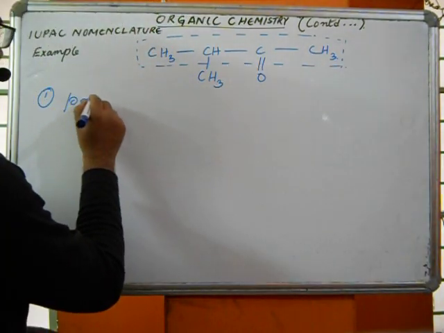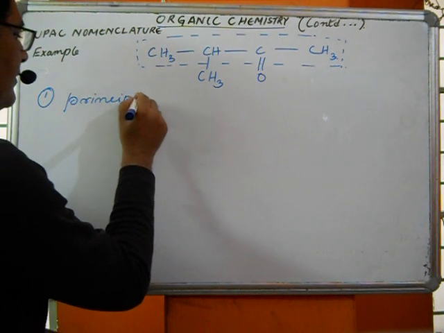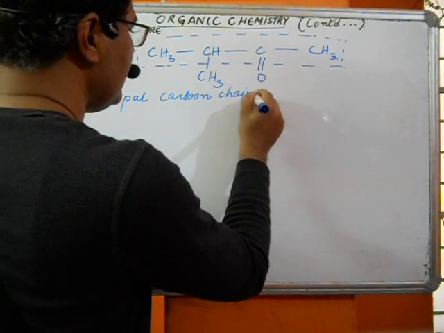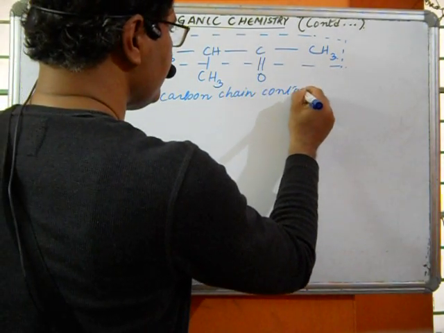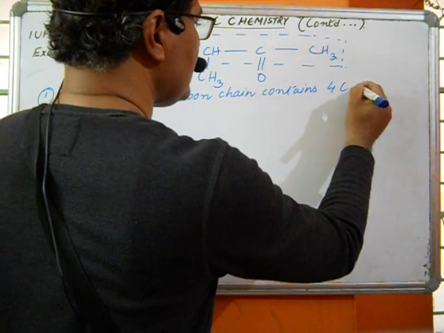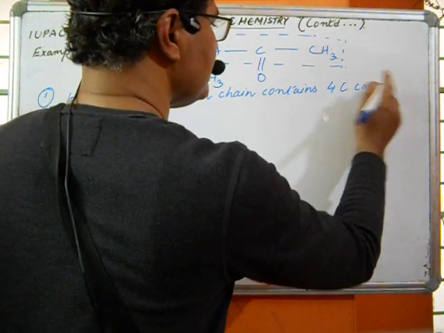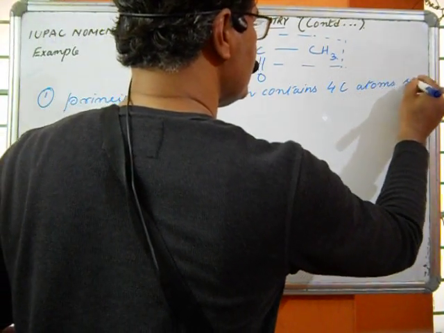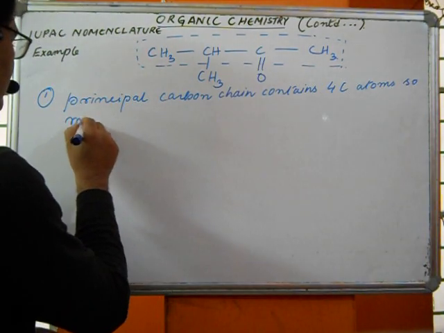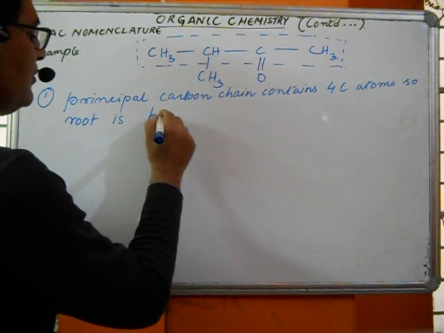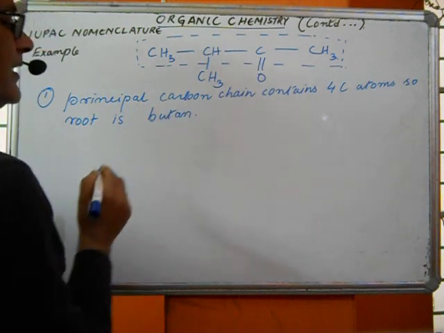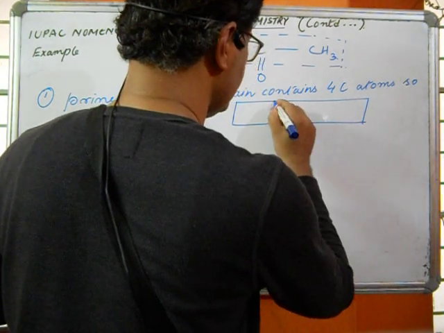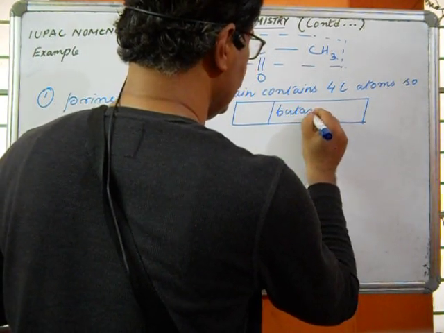Principal carbon chain contains 4 carbon atoms. So root is butane, right? So we got butane, B-U-T-A-N.